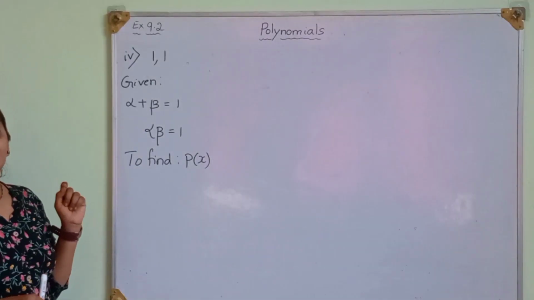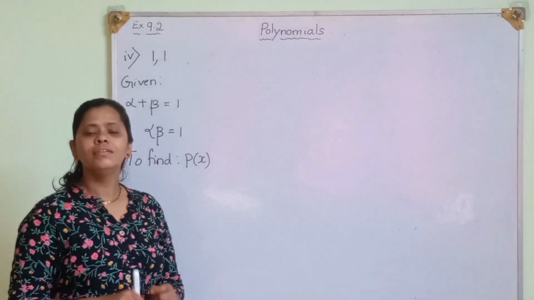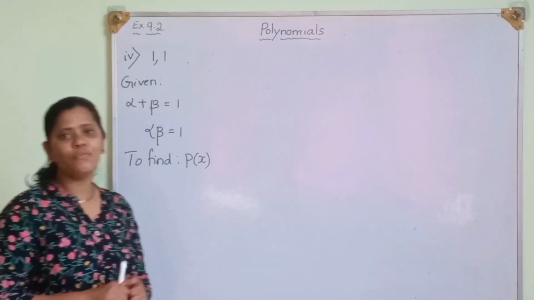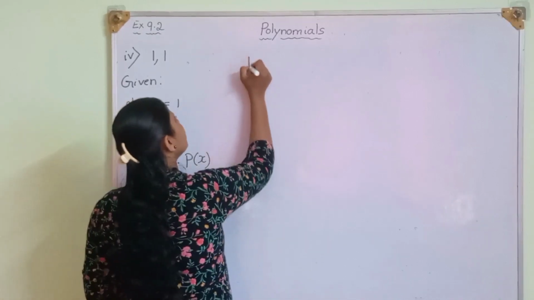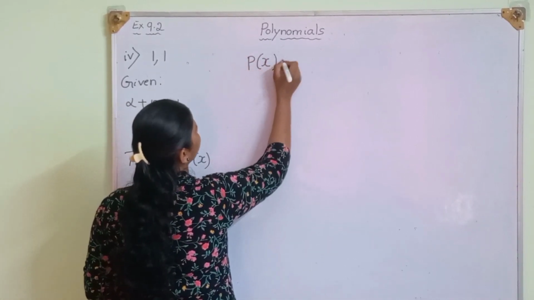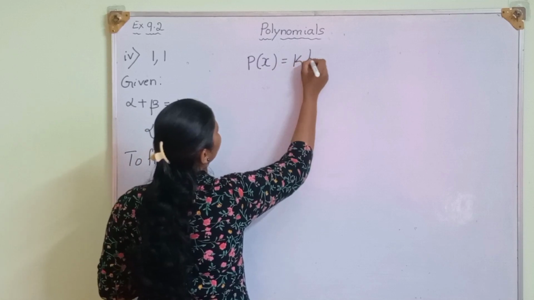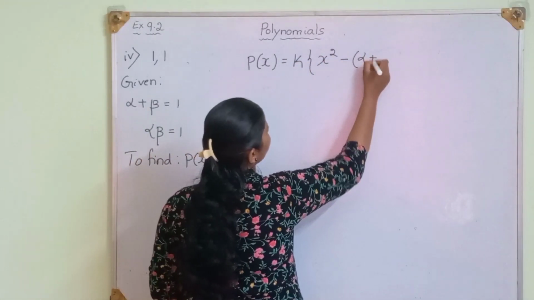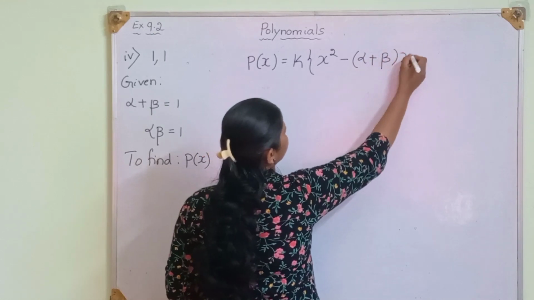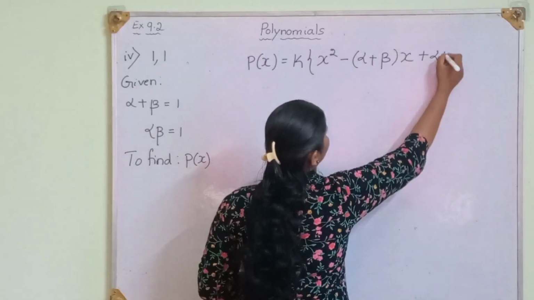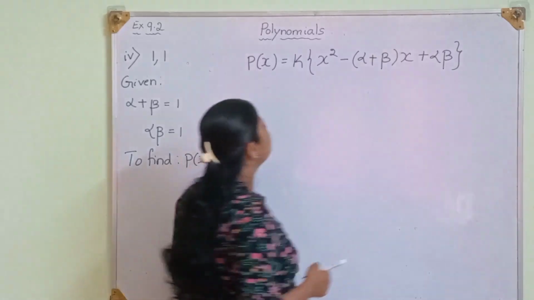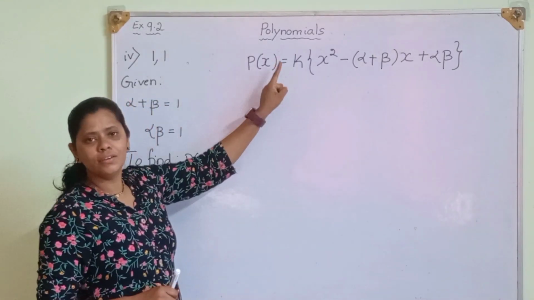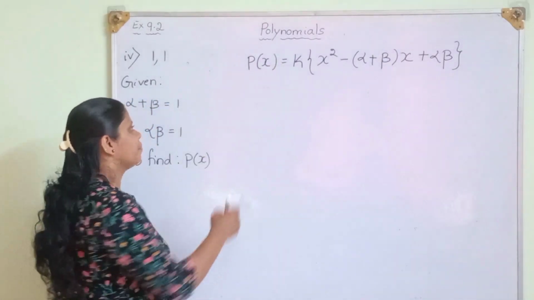When the zeros of the polynomial are given, the polynomial can be written in the form of P of x is equal to k into x square minus alpha plus beta into x plus alpha beta, where k is a non-zero real number.